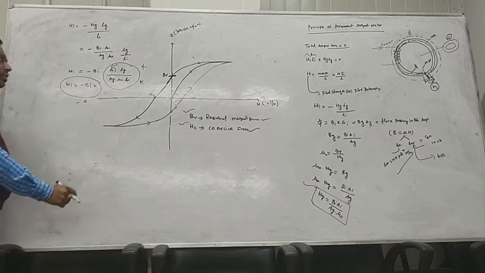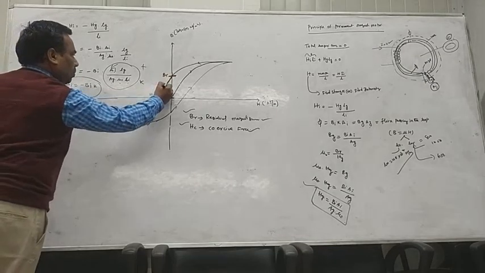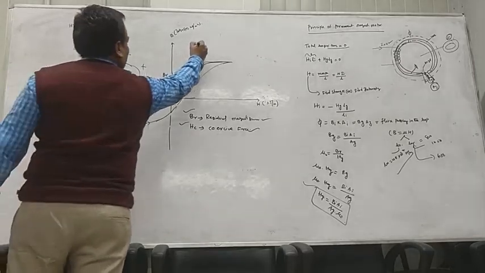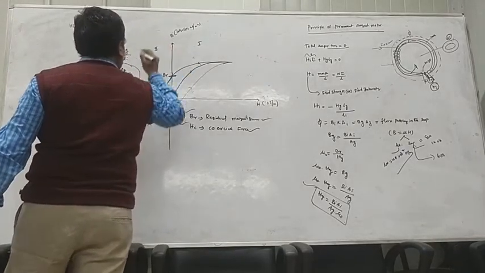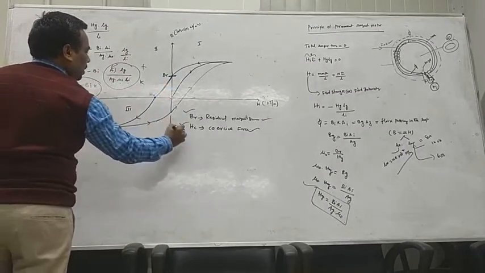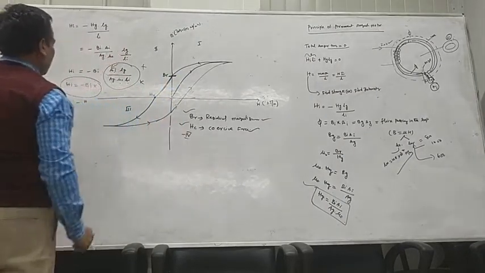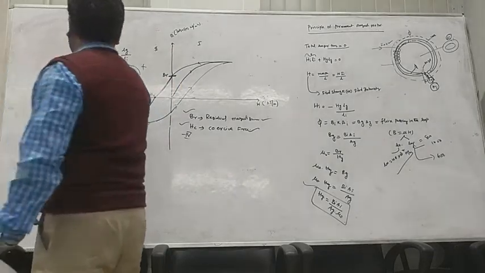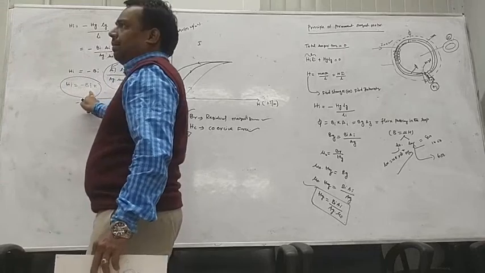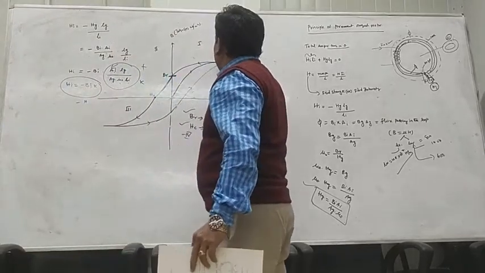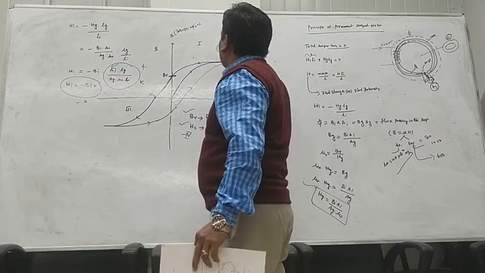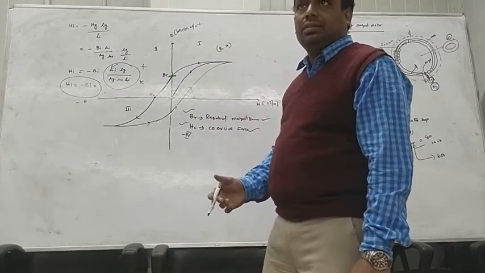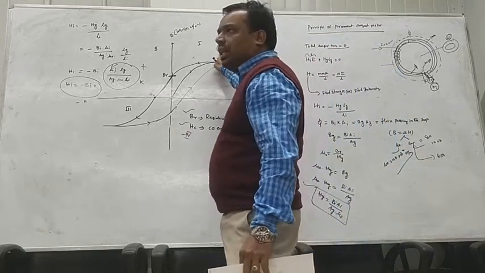It means that this is a negative point, it is coming in the second quadrant. There is first quadrant operation, second quadrant operation, third quadrant operation, and fourth quadrant operation. In this particular condition, Hi is equal to minus of Bi. In the first quadrant, the B value and H value, that is field strength and flux density, are both positive.